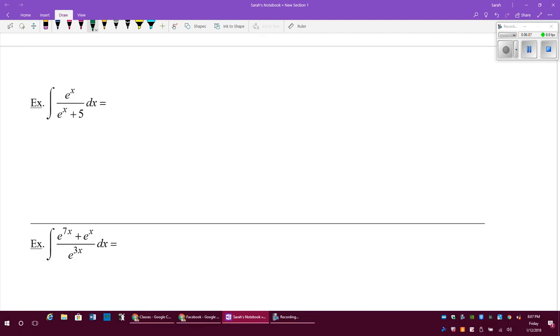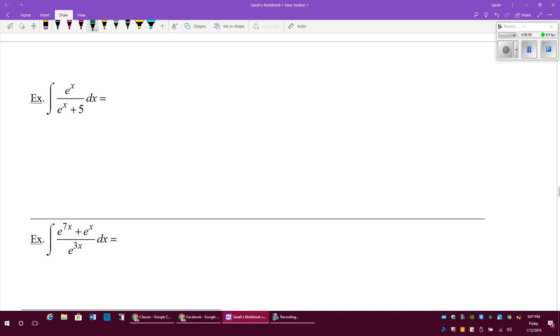So if you're looking at a fraction, your first guess at what should be a u is probably going to be the denominator. So e to the x plus 5, let's just try it and see what happens. If we do that, then du, the derivative of e to the x, is just e to the x dx. And then I can see that e to the x dx right there.